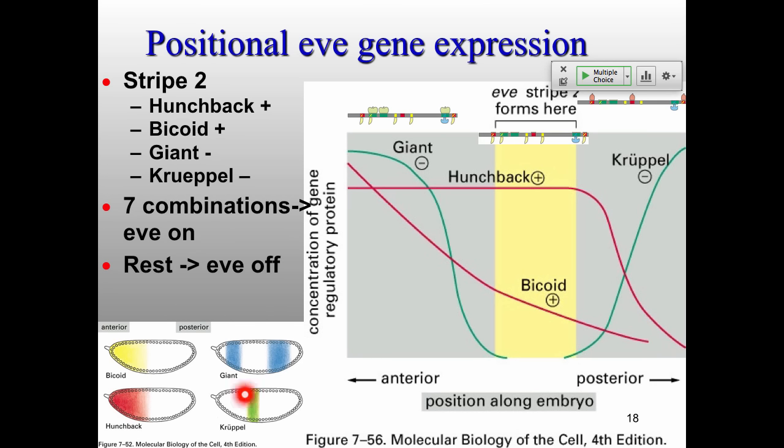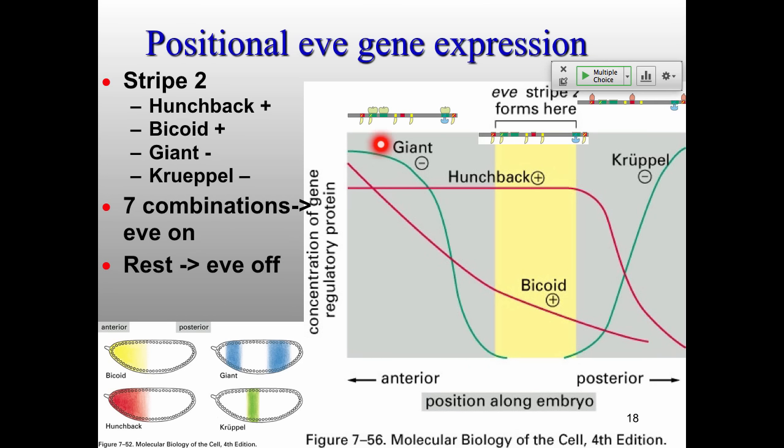And then differential expression of giant and cripple. And what that means, if you just go from one end of the embryo to the other end of the embryo, just looking at the concentrations here, you've got hunchback that then goes down, bicoid concentration goes down, giant and cripple have much sharper definitions.